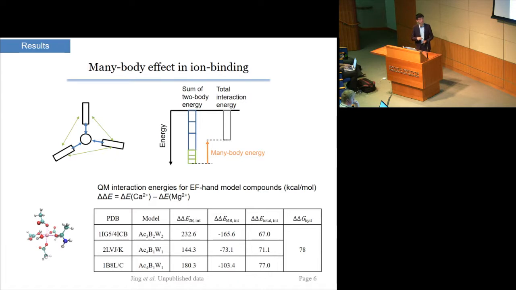So the difference in the two-body energy is huge compared to the difference in the solvation energy, which means the two-body energy is always favorable for magnesium. And this is where our intuition comes from. But after considering the many-body interactions, the total interaction is much closer to the solvation energy. So consideration of the many-body energy is very important for the selectivity.